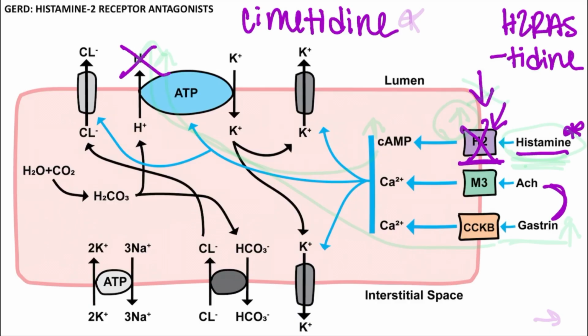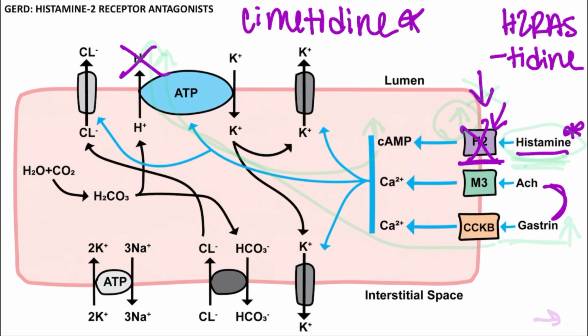So cimetidine has countless drug interactions because this H2RA inhibits many of the CYP enzymes, altering the metabolism of many drugs, and it has a countless list of side effects, mostly because it has a lot of off-target effects. So generally, this agent is no longer used for this indication, but can be seen for some of its off-label uses that have to do with its off-target binding.